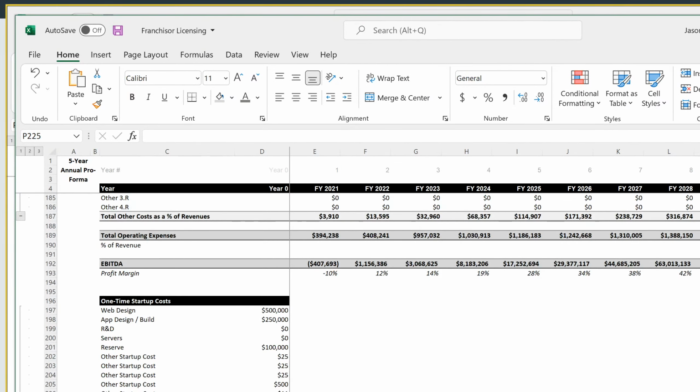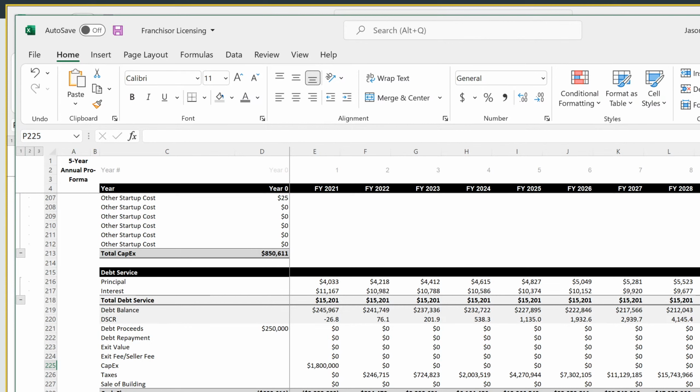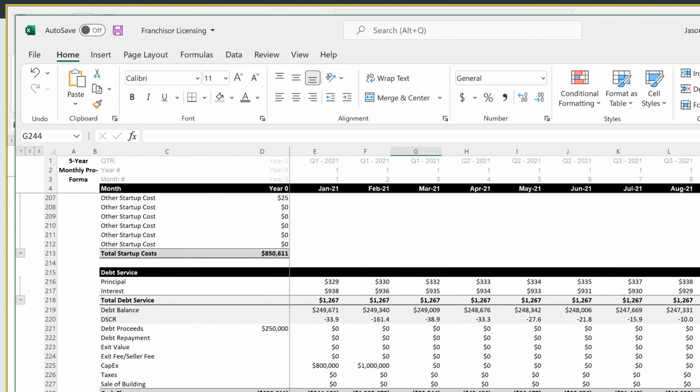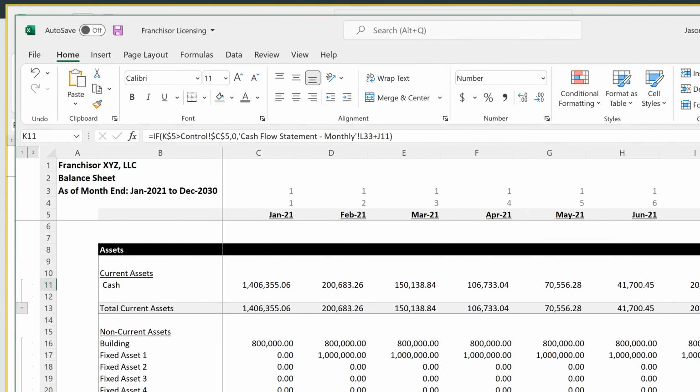Just want to see. Okay, so on here, I just want to see where I checked the monthly cash flow detail with the balance sheet stuff.